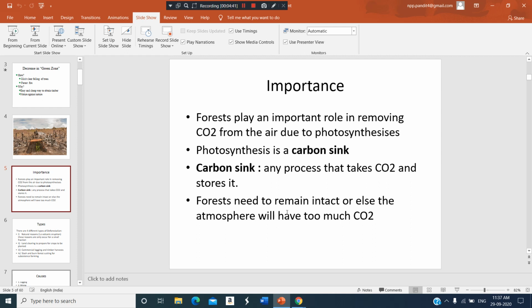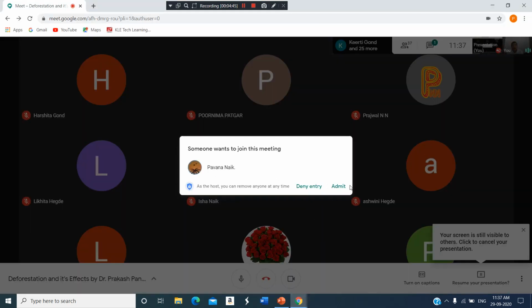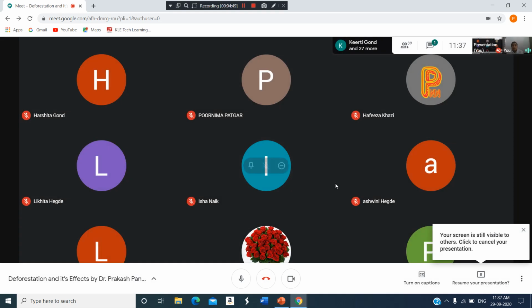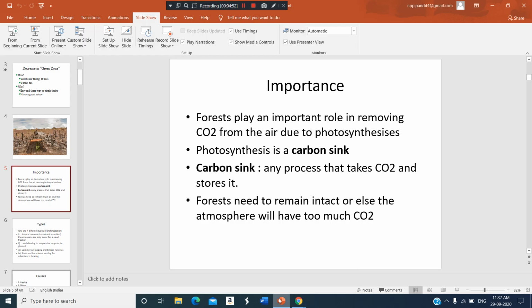That's why the main job of the forest is carbon sequestration. If this is not happening, the oxygen content in the atmosphere will be low. This is the carbon sink, as we call it.